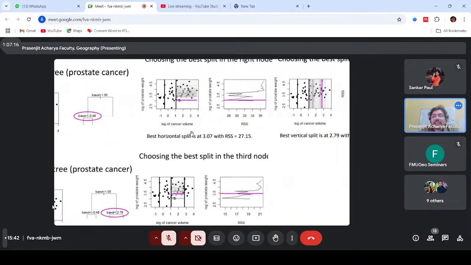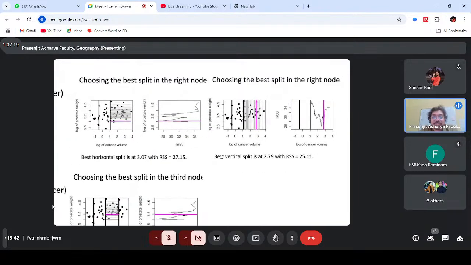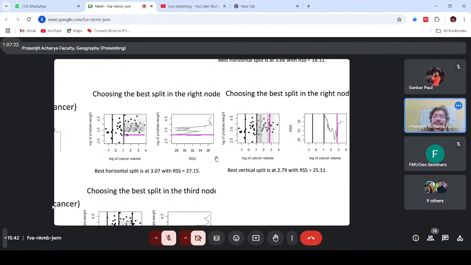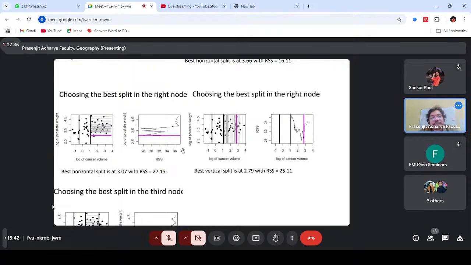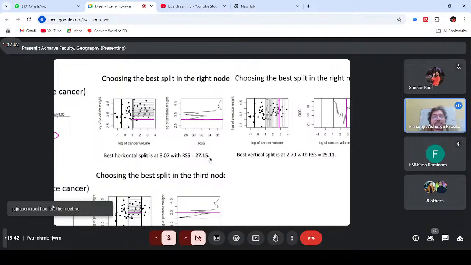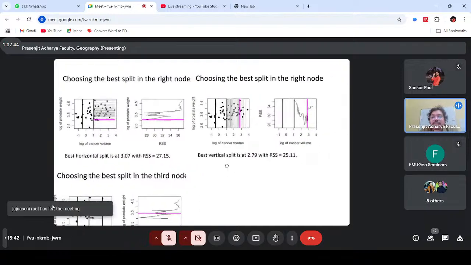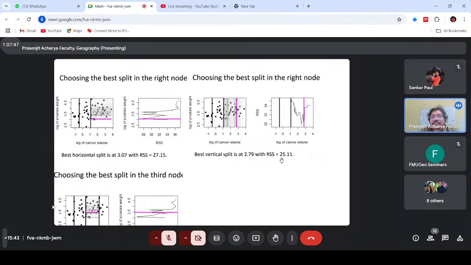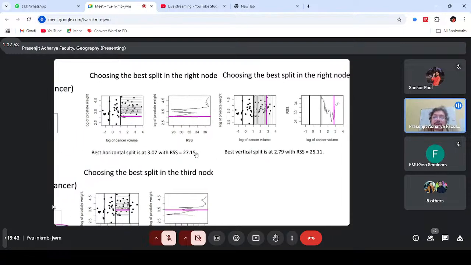Now, if I check the prostate weight, we get an RSS value for the prostate weight, the minimum is this, which is 27.75, and we get an RSS value for this one of 25.11. Certainly, this 27.75 is higher than 25.11.